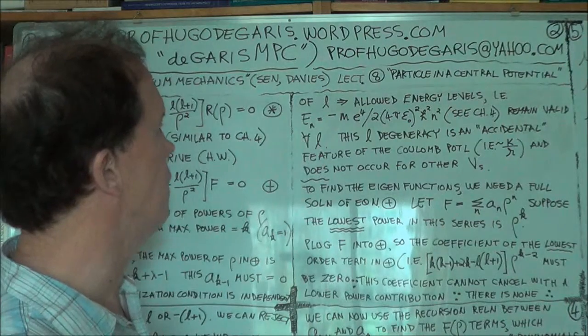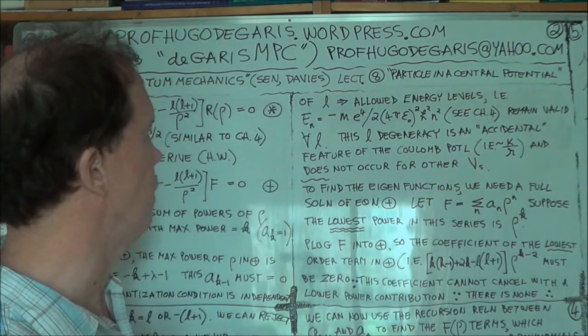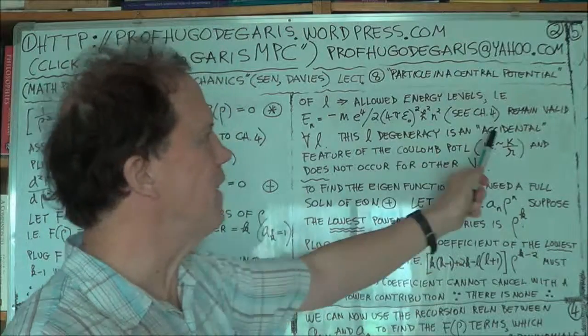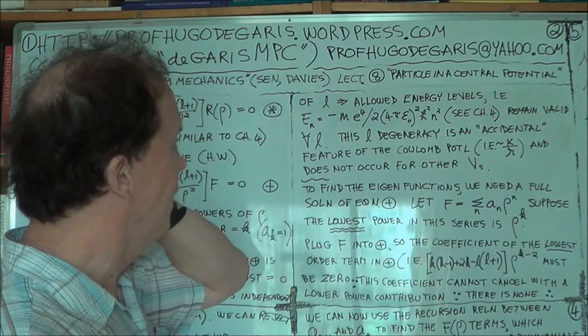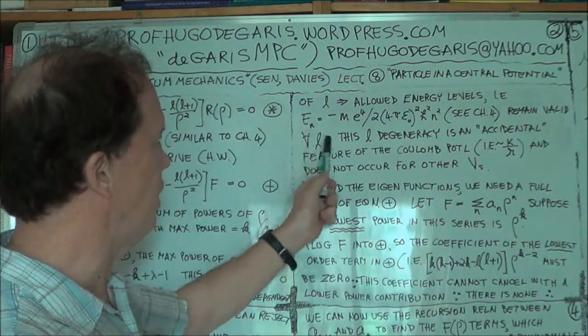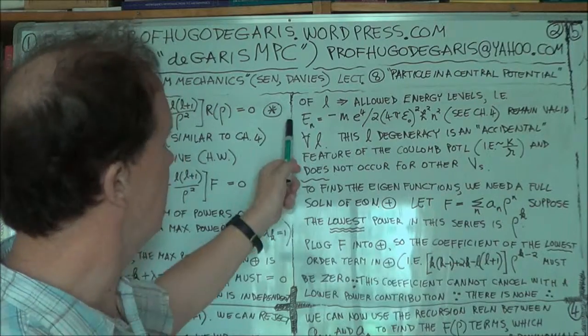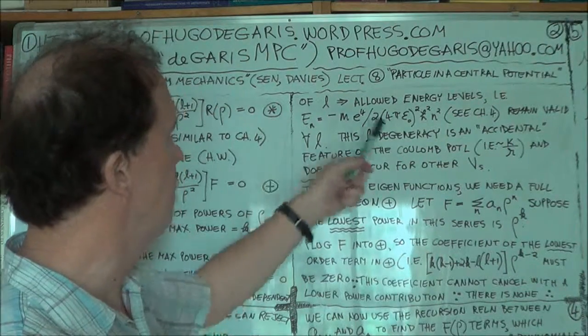So in that sense, they're degenerate as far as the energy is concerned. Okay. Now what I've just said, it's sort of an accident that the L does not appear in the lambda. It doesn't appear in the energy.